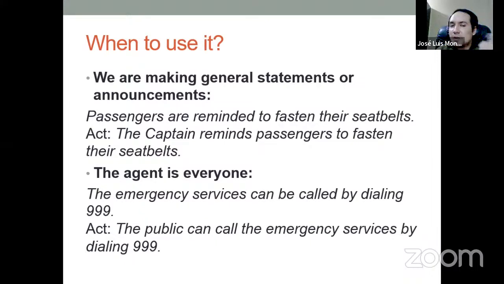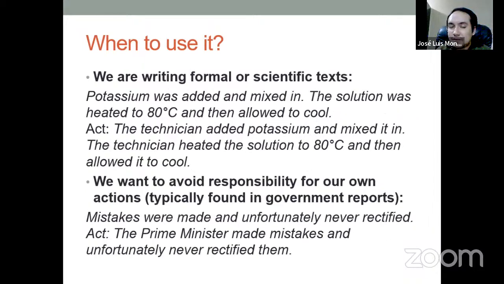Fifth one, we're making a general statement or an announcement. Sixth one, the agent is everyone, so it's a very generic idea. Seventh one, this is formal writing for a scientific text. That's a good way of using passive voice.